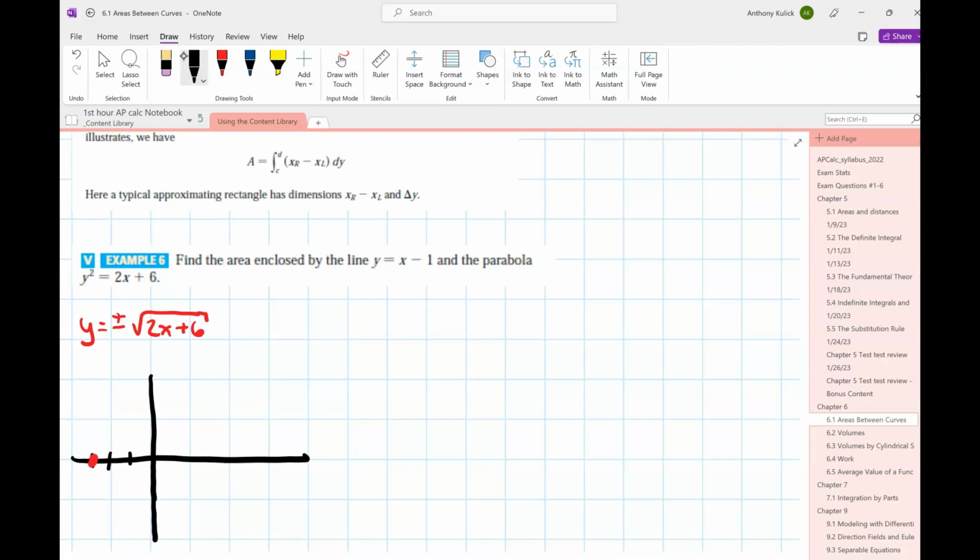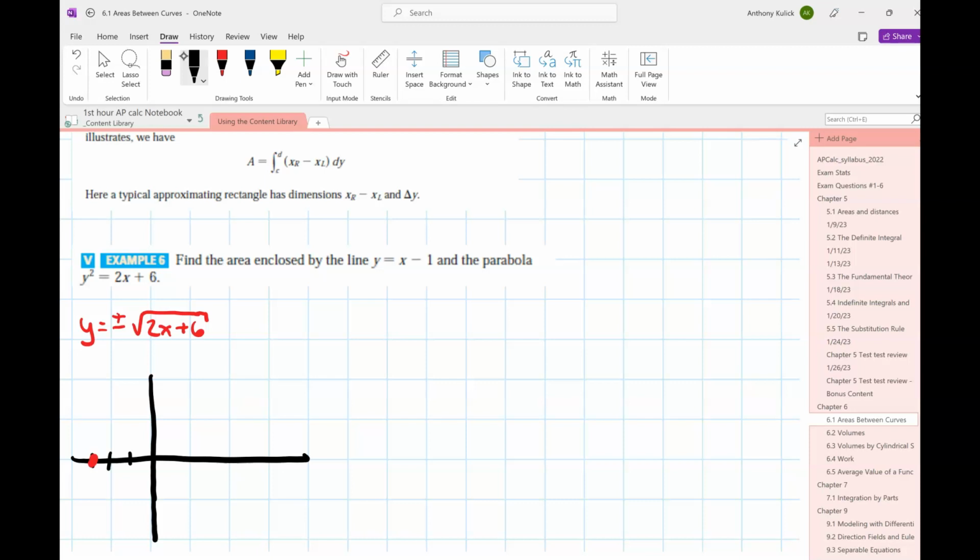What's going to be the next value of x that you suppose Mr. Kulik's going to mess with? If x is 1, what am I taking the square root of? 8, right? Everybody agree? I'll pass on that. If x is 2, what am I taking the square root of? 10. Pass. If x is 3, pass. x is 4, pass.